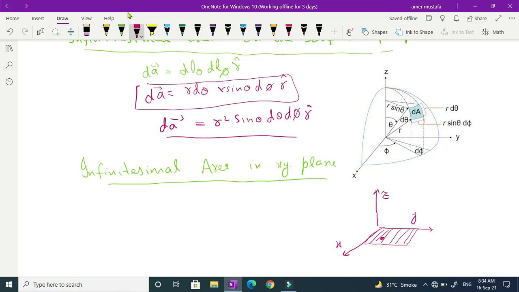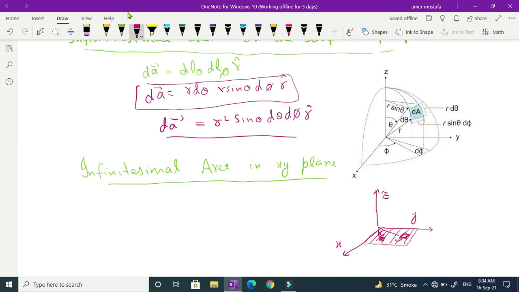Suppose you have the small infinitesimal area here, you can see that this has a certain radius r and a certain value of phi, because its length along phi has a certain change in phi. If you take the infinitesimal area here, then it has some other value of r.